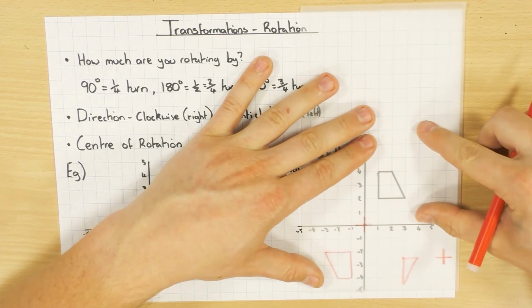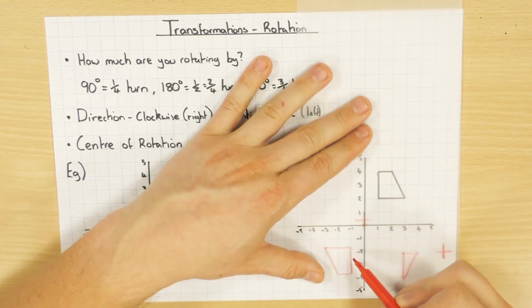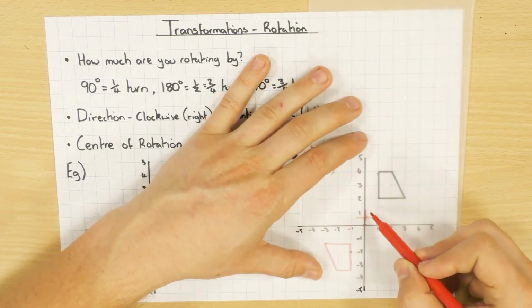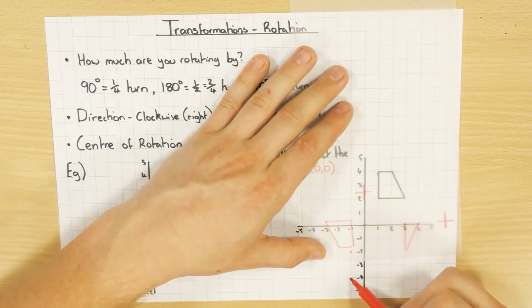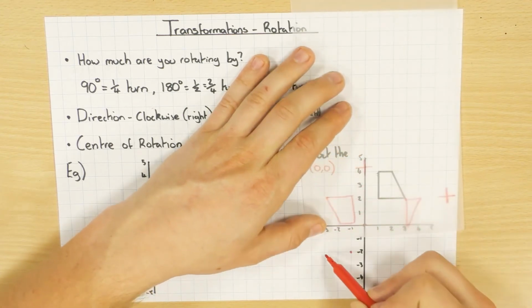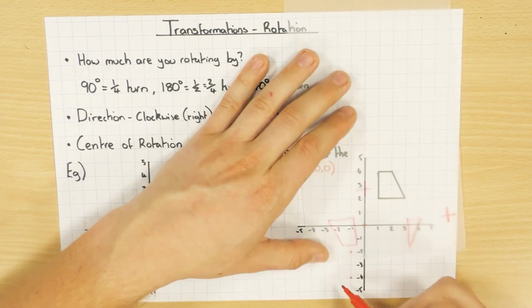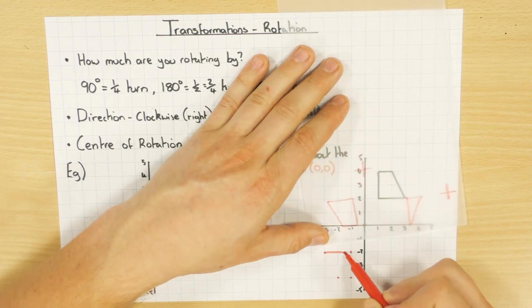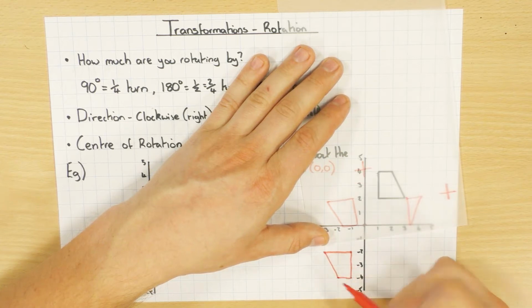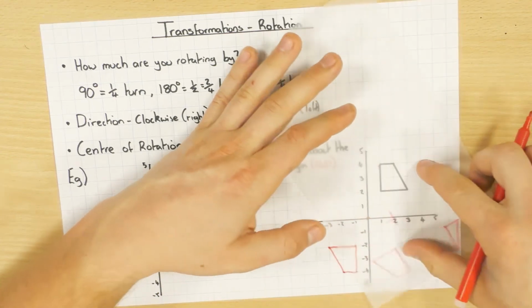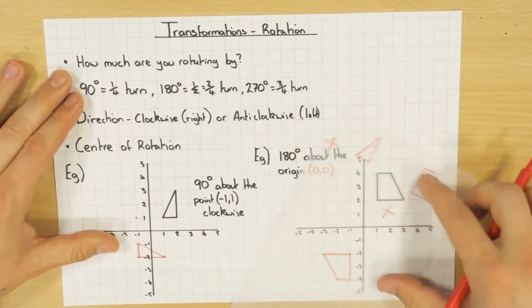That's 2 turns. So the shape ends up being down here. So I'm just going to put that in. Don't forget, again, because you've done a cross, you can go backwards and forwards as much as you want to make sure that you get it exactly how you want to. So again, I haven't got a ruler, but you guys should use one in the exam. Okay, so that's what happens if I went clockwise.